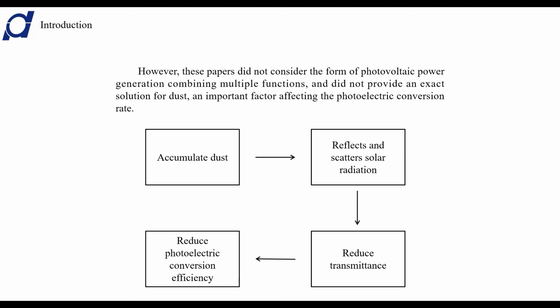However, the dust accumulated on the solar energy panel can reflect, scatter, and absorb solar radiation and affect the transmission of solar radiation. So the output power decreases accordingly, which severely affects its photoelectric conversion efficiency.